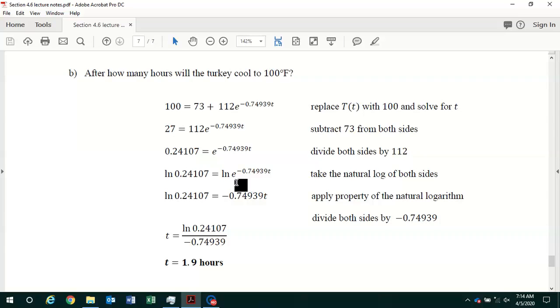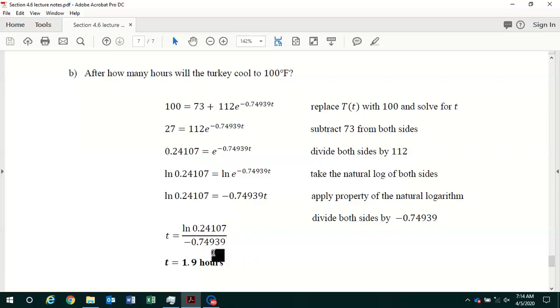The ln and the e cancel on the right, and we're left with the exponent, minus 0.74939 times t. Now we divide both sides by minus 0.74939, switch the two sides of the equation, and we get little t is equal to the natural log of this decimal divided by negative 0.74939.